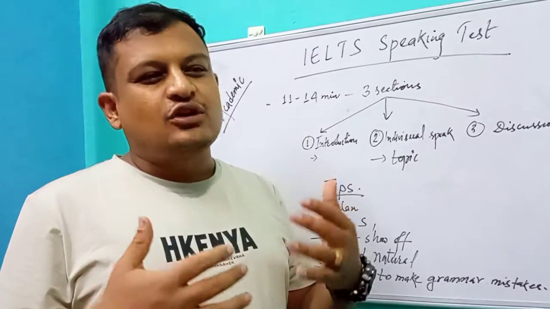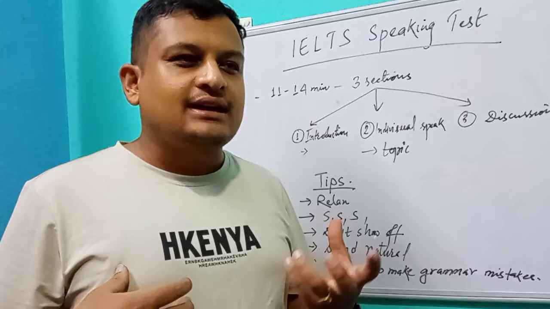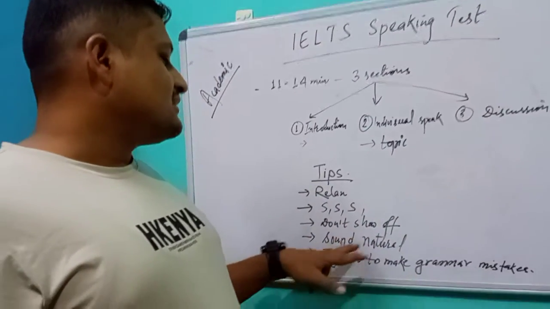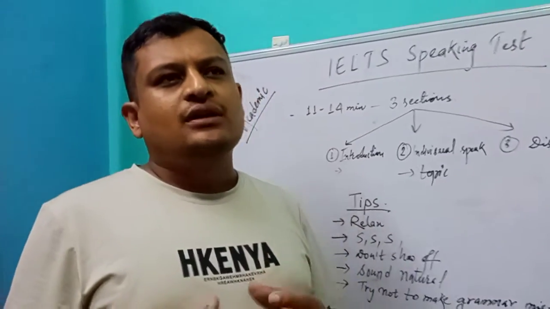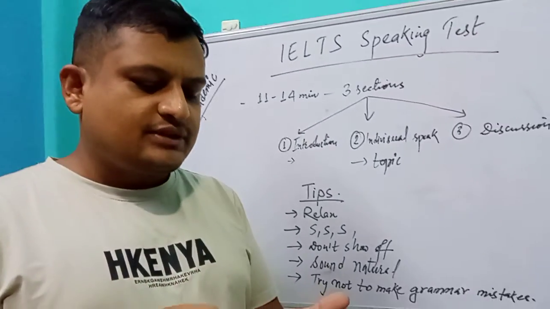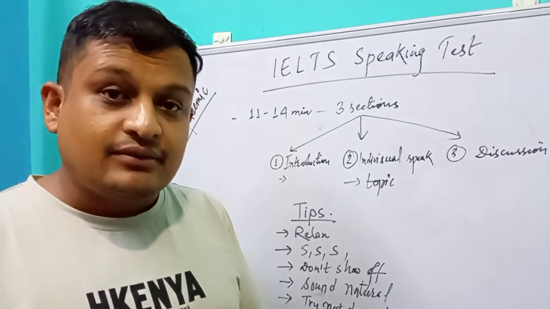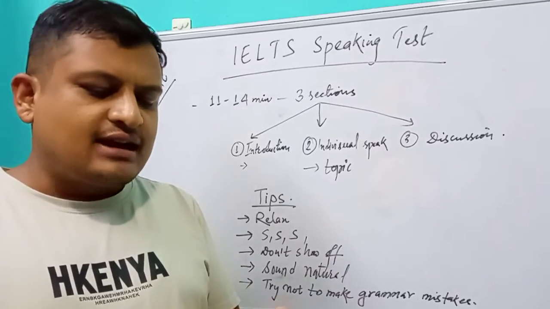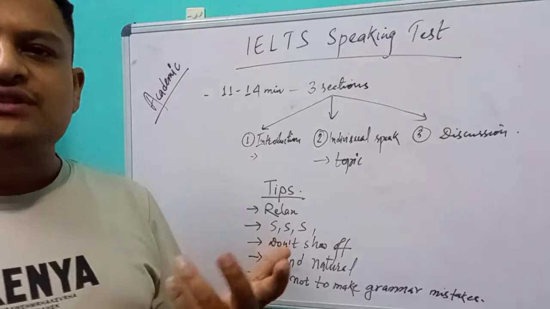Take it as a normal conversation, and just reply in a natural tone, as natural as possible. You should sound natural. Another tip is to sound natural. It means that when it comes to preparing for the IELTS speaking test, we just write down whatever is to be spoken. We'll have the preparation session before. During that time, we just write down a few answers, guessing the questions on our own.